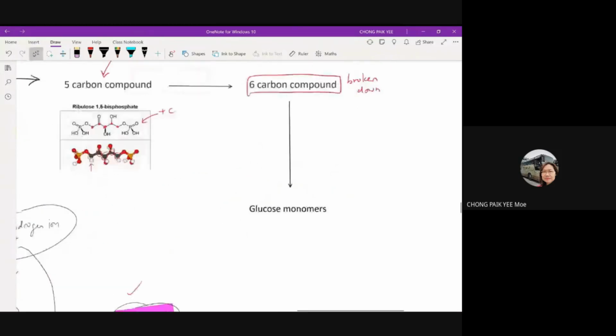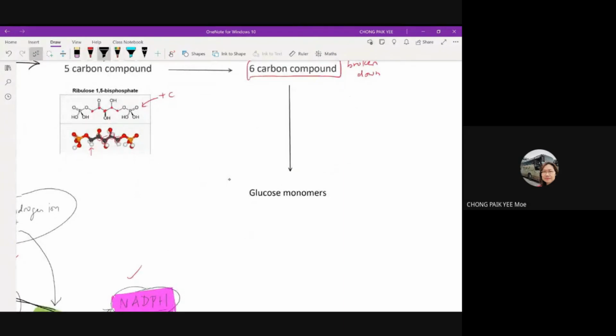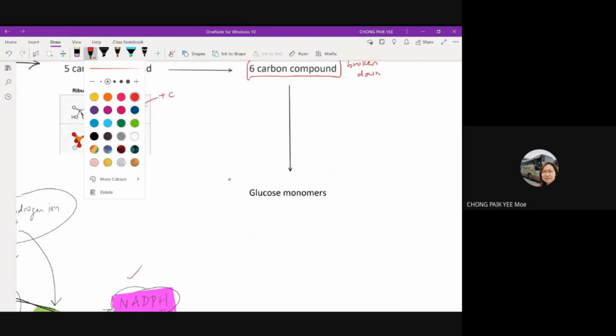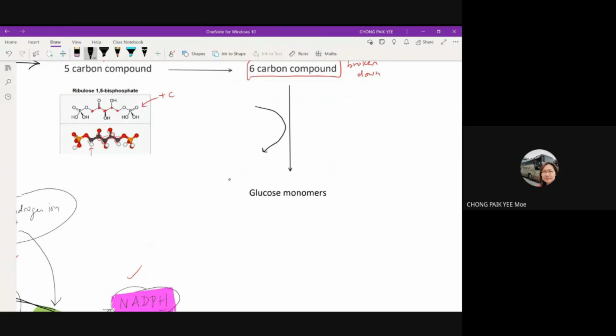Okay, so I'm going to draw the breaking down here. I'm going to add in 2 arrows here. Okay, black arrows. Let me check. Okay, so this NADPH, okay, it's going to release its energy.